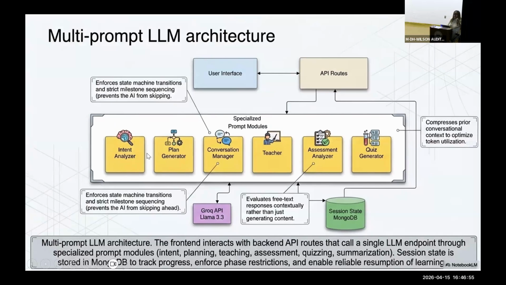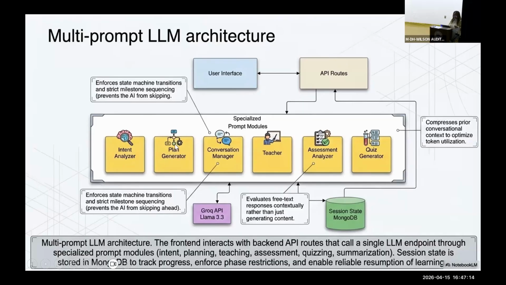That is the LLM we send all of the prompts for each of these modules to. So the first module, the intent analyzer, is about getting this new user that has signed up for an account. What are they trying to do with this system? What is their major, their current year? Just keeping track of that.